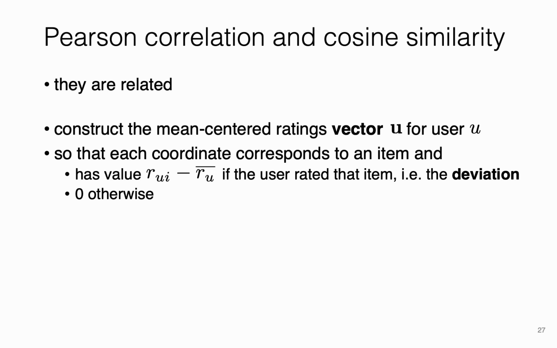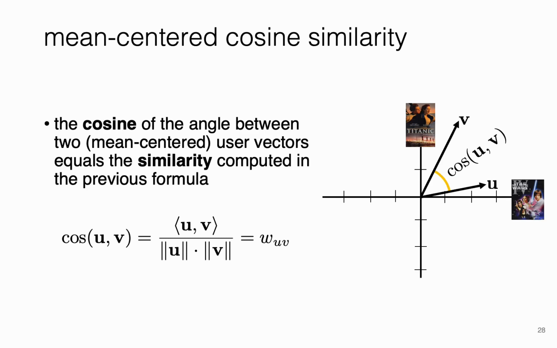Let's now see how to compute the cosine similarity on such rating vectors. The cosine similarity is the angle between the two user vectors and is computed using the inner product of these two vectors. Because the vectors are mean-centered, the cosine similarity gives the same score as the PCC formula we used before.